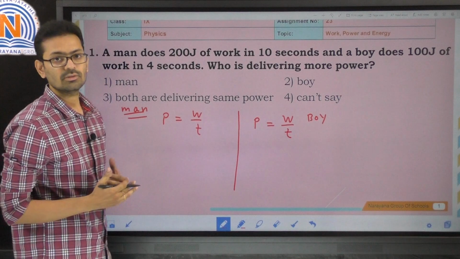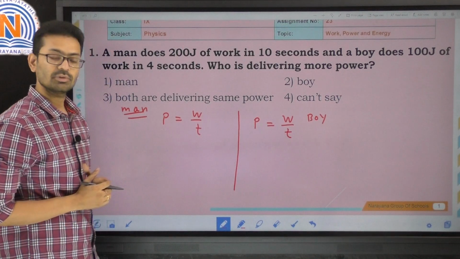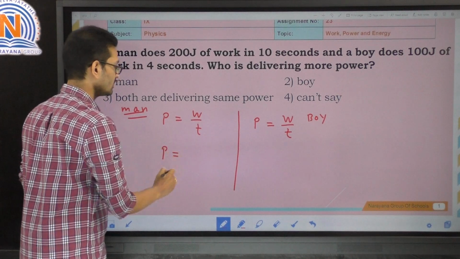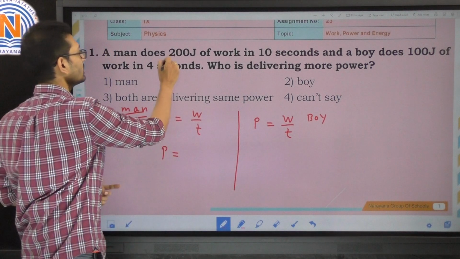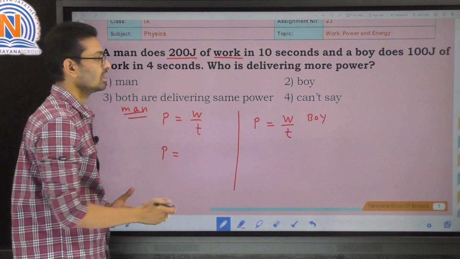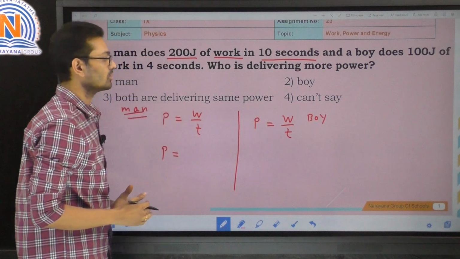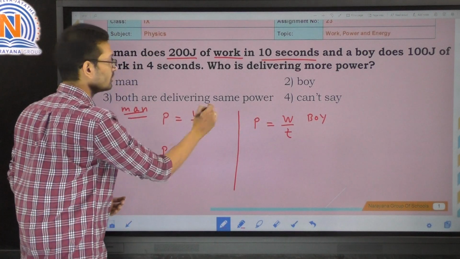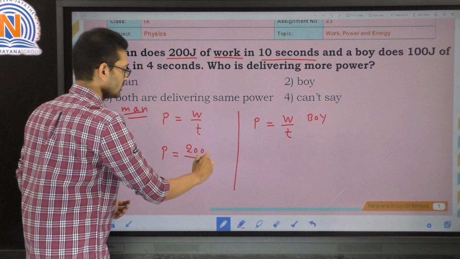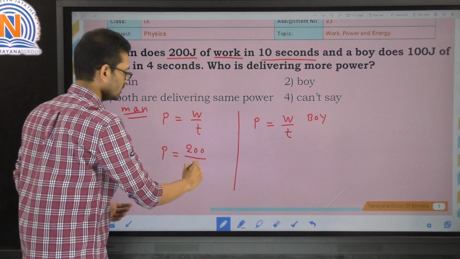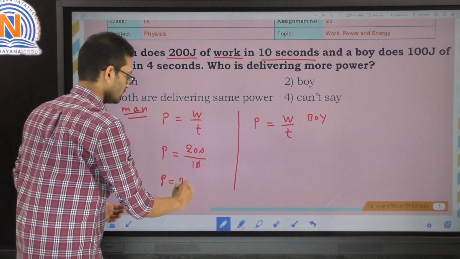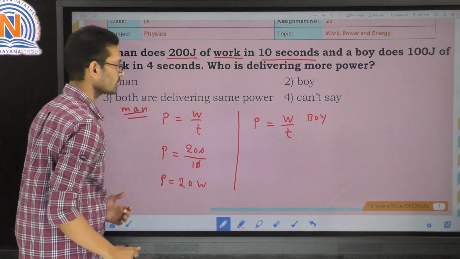Now in terms of man, P is equal to work done by the man, 200 joules, in 10 seconds. Substituting those values, 200 joules by time 10 seconds. If I cancel, I am going to get power equals 20 watt.